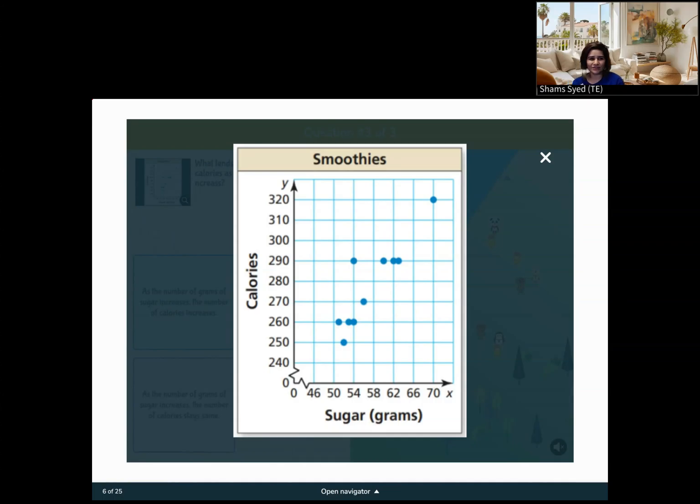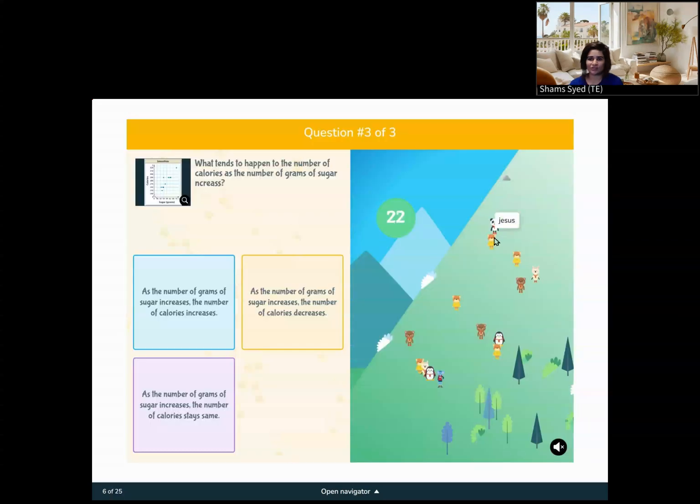So what tends to happen to the number of calories as the number of grams of sugar increases? It was a reading question, so I allowed you more time. So read carefully and answer to your best. Almost everybody has answered correctly so far, but just maybe one.